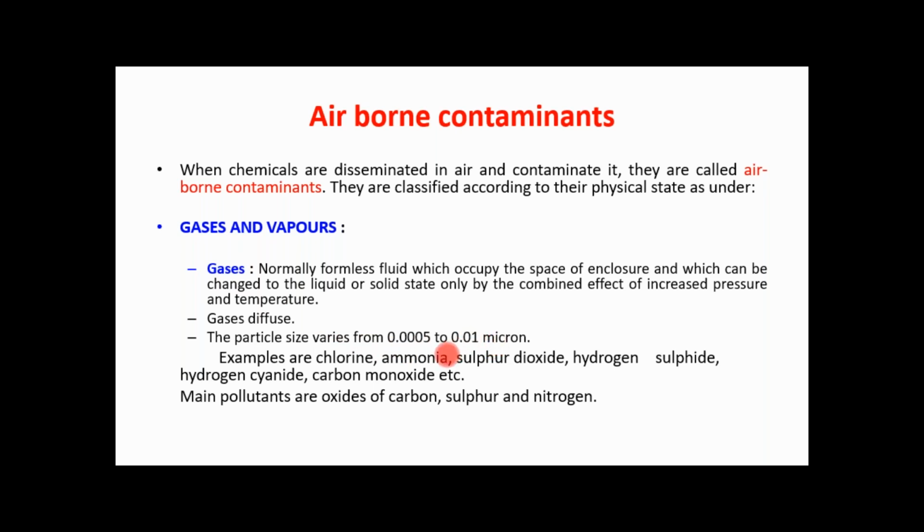The examples are chlorine, ammonia, sulfur dioxide, hydrogen sulfide, hydrogen cyanide, carbon monoxide, etc. The main pollutants are the oxides of carbon, sulfur and nitrogen. It is also called SOx when sulfur oxides are there, and NOx when nitrogen oxides are there. And for the carbon, mainly the chemicals are carbon monoxide and carbon dioxide.